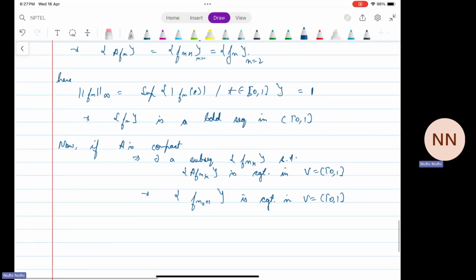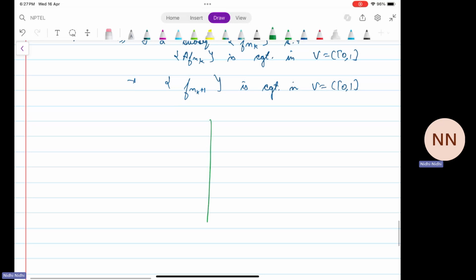Now, if you look at the sequence Fn, this Fn is t to the power n. For n equals 1, this is the straight line f(t) equals t. Then we have f(t) equals t square, f(t) equals t cube, and so on.